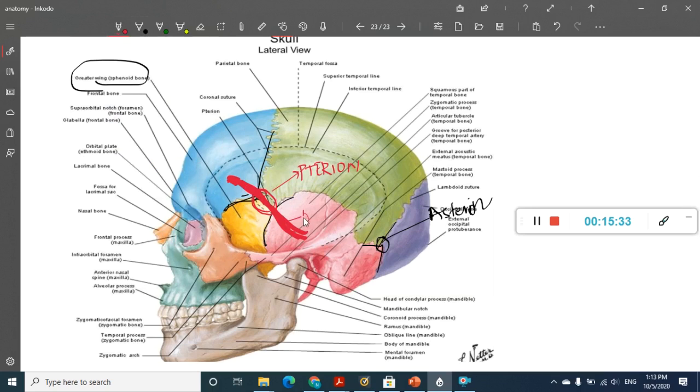It is the middle meningeal artery, and it passes through the Pterion. The middle meningeal artery is very prone to bleeding at this site. As a result, a fracture of this temporal bone might cause rupture of the middle meningeal artery, and this can lead to extradural hematoma.